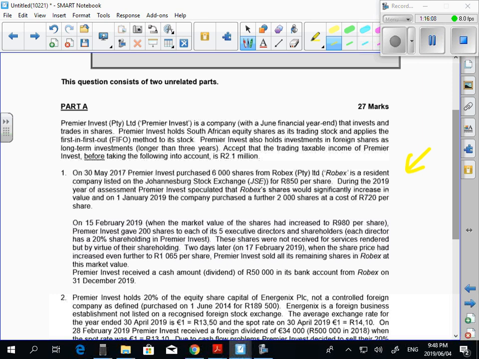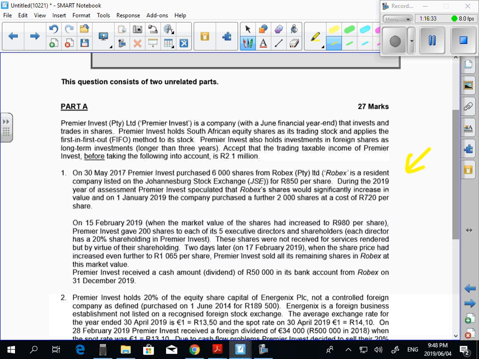During the 2019 year of assessment, Premier Invest speculated Robex shares would significantly increase, and on 1 Jan, they purchased a further 2,000 shares at a cost of 720. So 2,000 times 720 is going to be a purchaser's deduction of trading stock. Okay, on 15 Feb, when the market value of the shares had increased to 980 per share, they gave 200 shares to each of its 5 executive directors and shareholders.